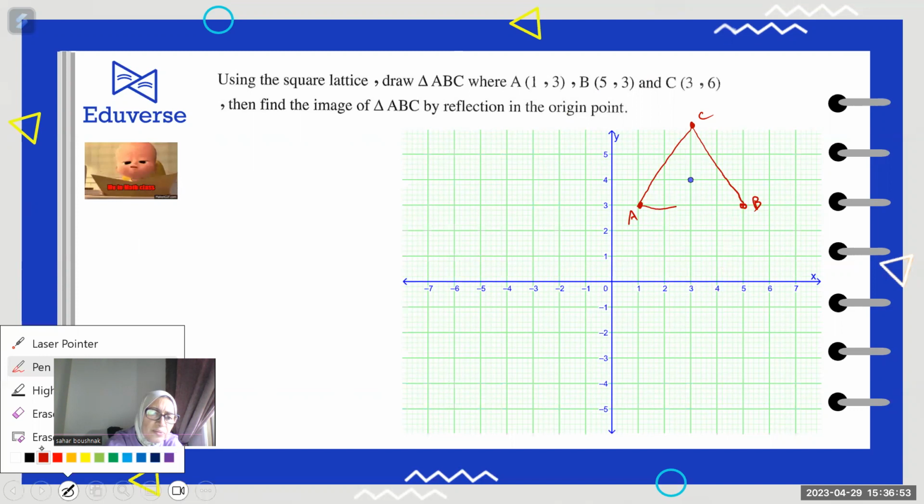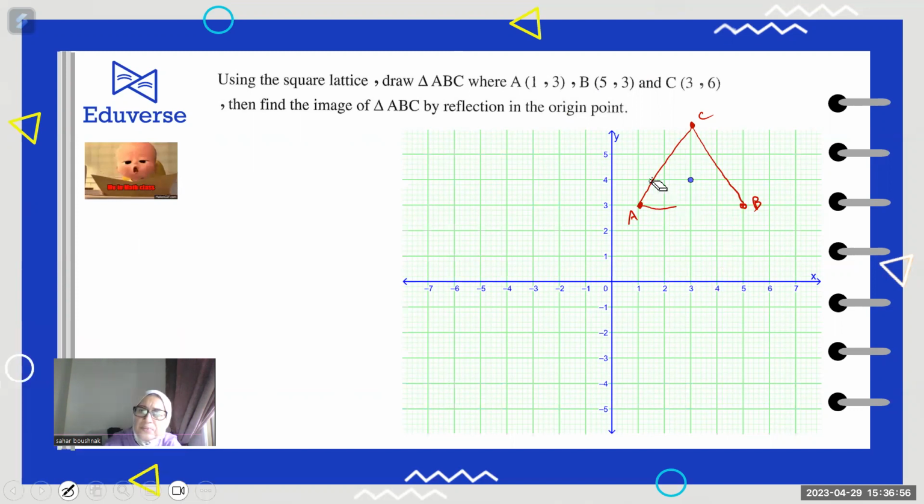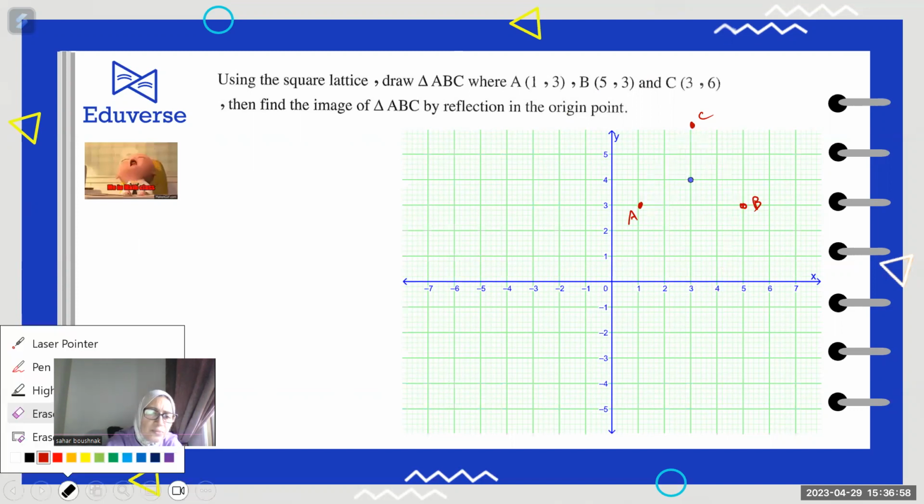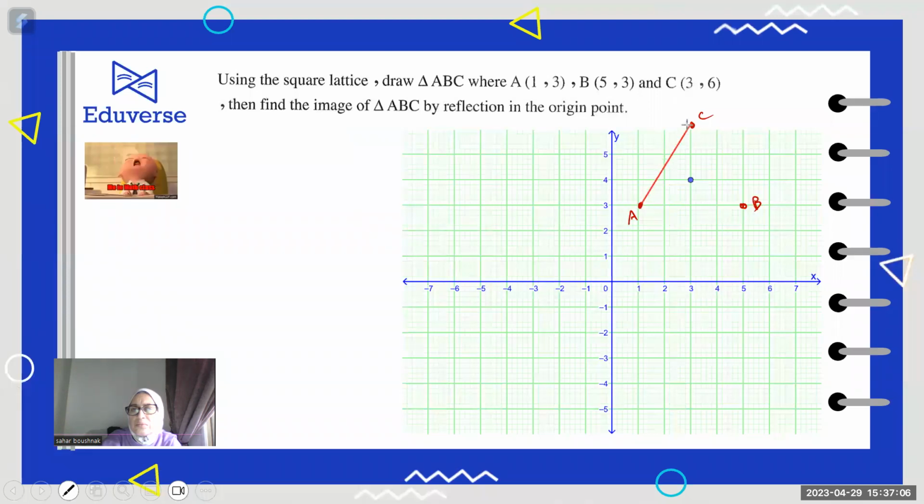Let's use the ruler for better accuracy. Then I will shade it with yellow color. This is the original triangle.